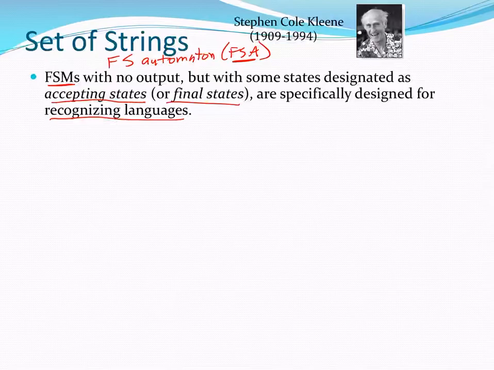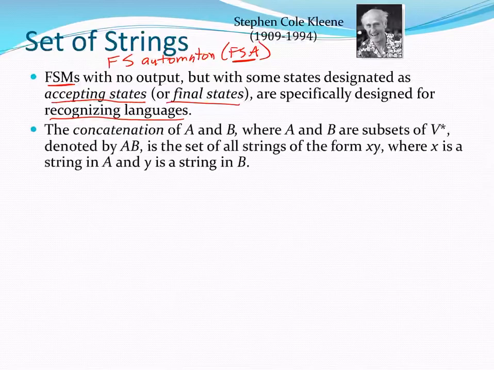All right, well, kind of given away that we're going to be talking about words and recognizing them. How do we build up those words? Well, we build them up from the vocabulary. So remember, a language is going to have a vocabulary, the set of symbols that you can build words with.